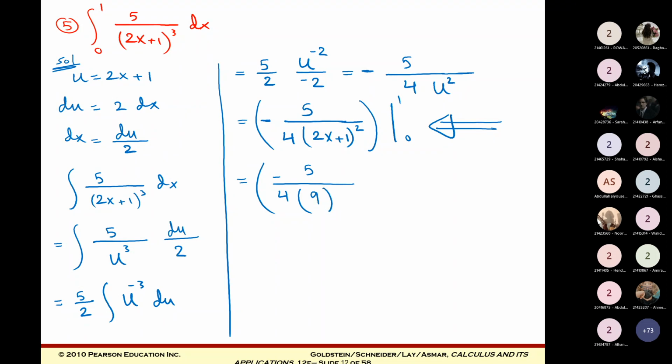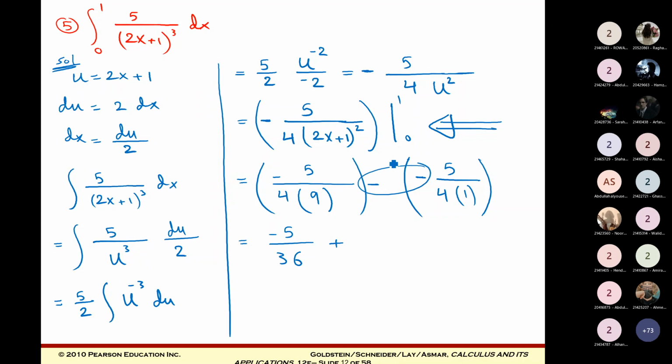Okay, minus 5 over 4 multiplied by (2 multiplied by 0 plus 1) squared. Okay, 1 squared equals 1. So we have minus 5 over 36, plus negative equals positive 5 over 4, like this.